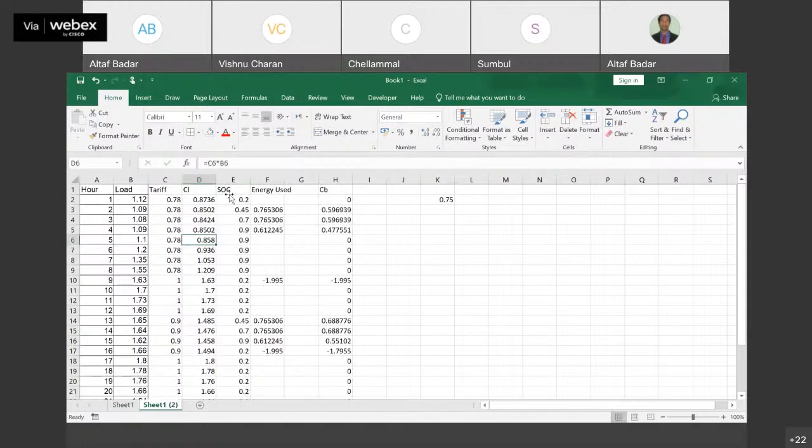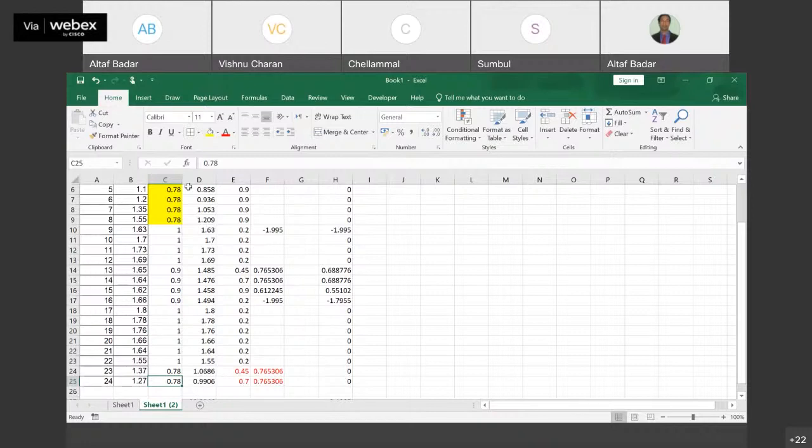So what I did was I added SOC first, and I assumed that we start with 0.2, and in every hour in which we can charge, like Vishnu had colored it, I'll just color it here. This is your off peak. This is your intermediate.